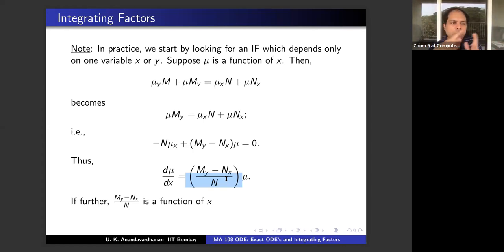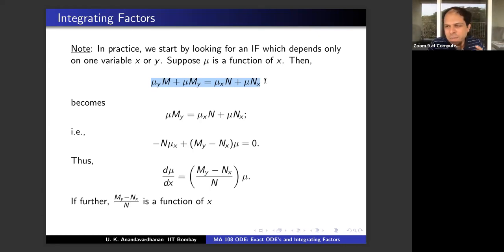Maybe there is a function mu which is a function of both x and y, so that this is satisfied, but there is no method for it. That is your smartness, and more than your smartness, your experience by working out a lot of problems. Okay, so if we really want to ask a difficult question, we might cook up an integrating factor.